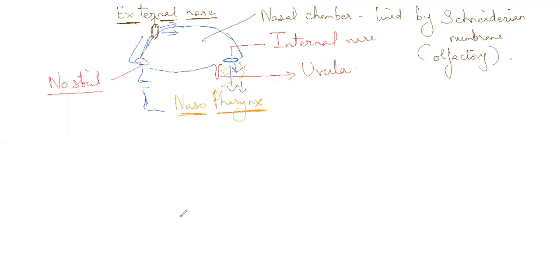Now from the nasopharynx, it enters into the windpipe through an opening known as glottis, which is covered by the epiglottis. It acts as a lid.